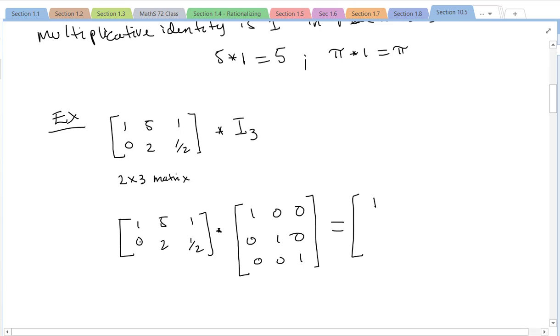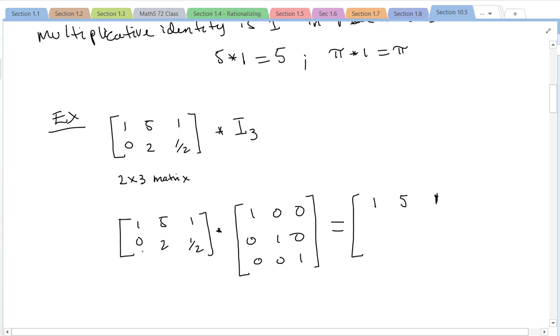So I just get 1 for first row, first column. Now first row, second column: 1 times 0 is 0, 5 times 1 is 5, and 1 times 0 is 0. So I just get 5. And now first row, third column: 1 times 0 is 0, 5 times 0 is 0, and 1 times 1 is 1. So notice that I got 1, 5, 1 again.